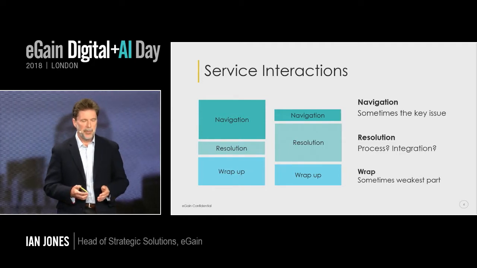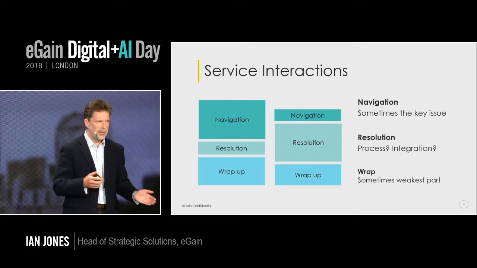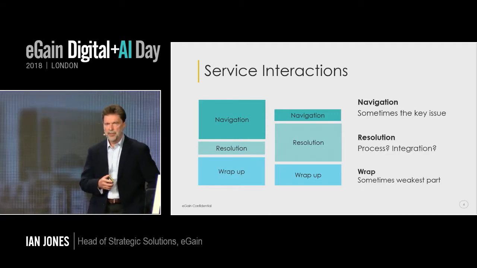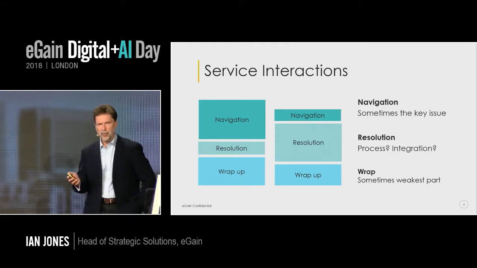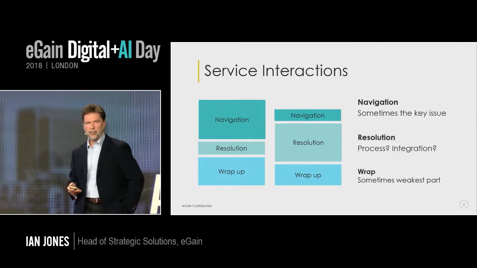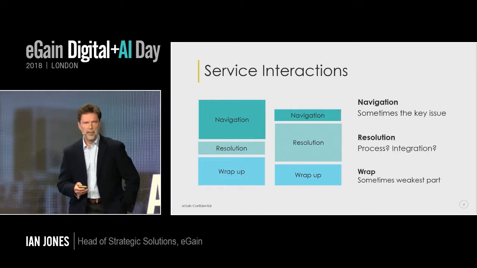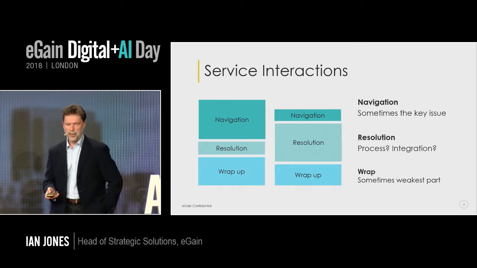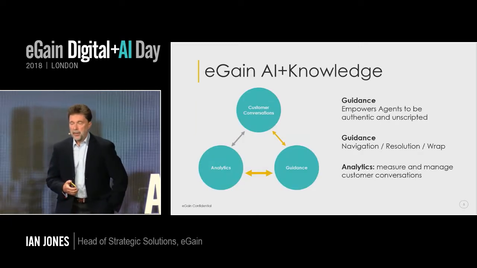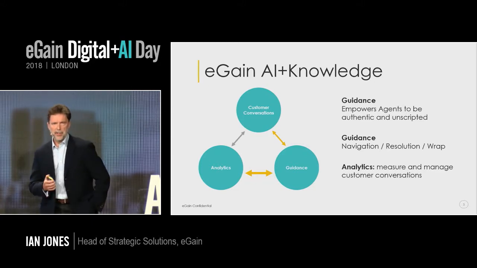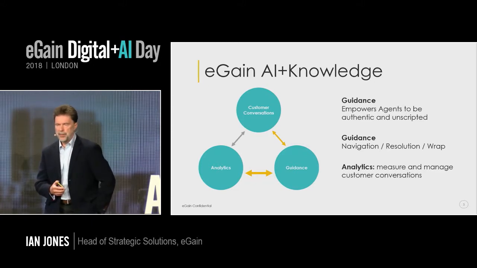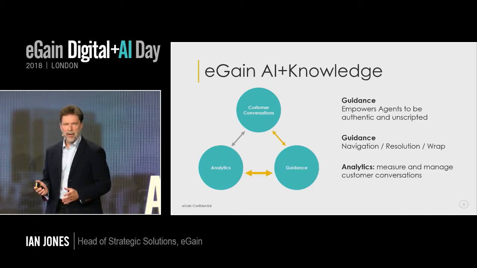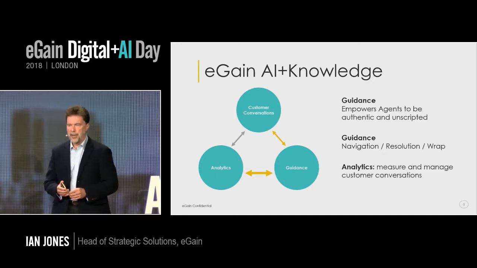So as I'm saying, sometimes navigation is the issue in the service interaction. Sometimes it's the resolution layer. But in pretty much all cases, the after-call wrap is the weakest part. That's the one where you are struggling to get the best quality information. So traditionally, customers of ours, such as 20 years ago with Orange, would start by using our guidance and our analytics to support those customer interactions.